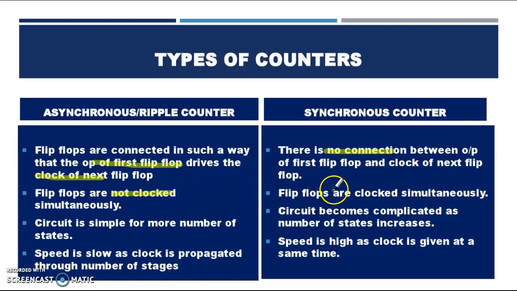In synchronous, the circuit is simple for more number of states. In asynchronous, the circuit becomes complicated as the number of states increases. Speed is slow as the clock is propagated through a number of stages. In synchronous, speed is high as the clock is given at the same time.